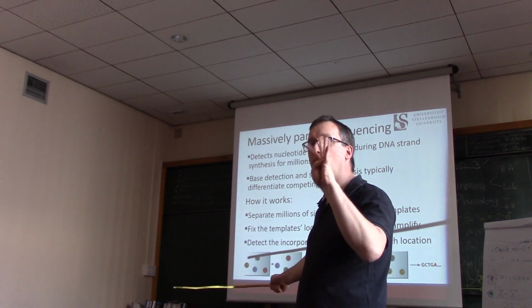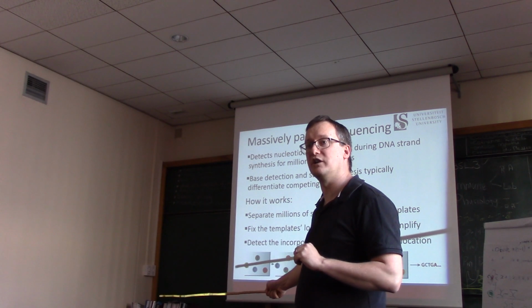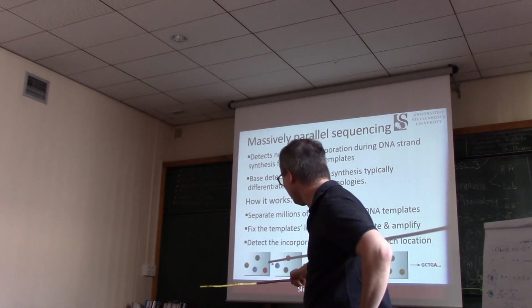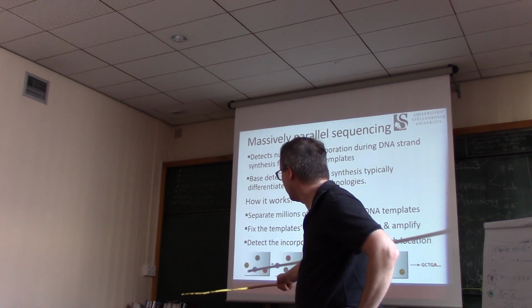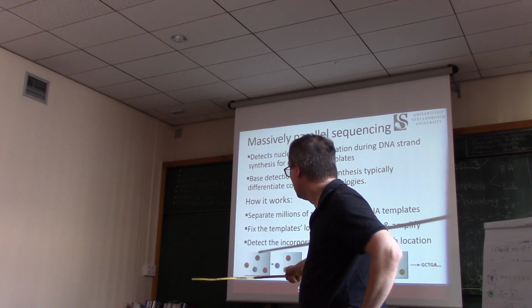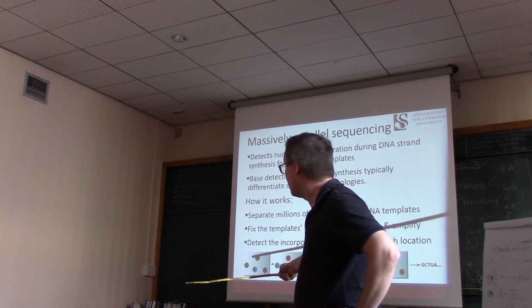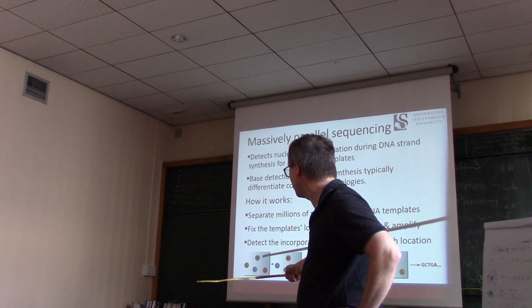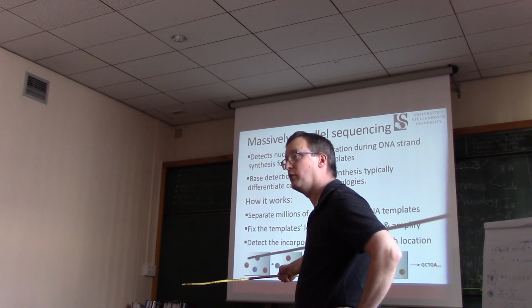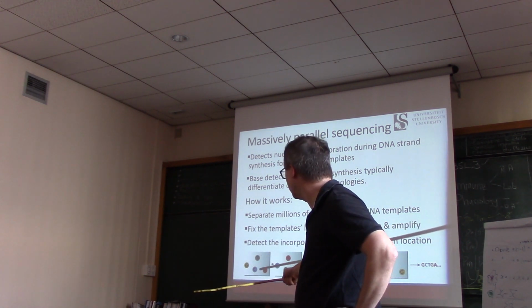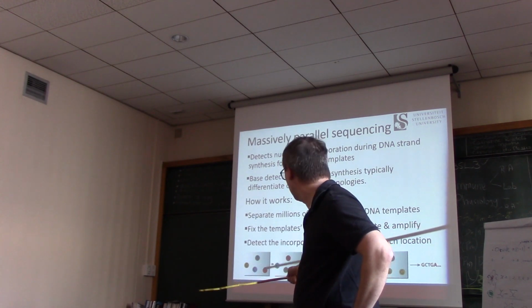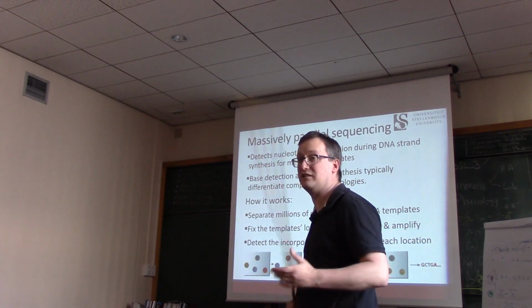Here we just have 4 different sequences that are going to be sequenced simultaneously. When we incorporate the very first nucleotide, we see that a T is incorporated in the sequence at this top position, a G is incorporated at the left position, a C is incorporated at the bottom center, and an A is incorporated at the bottom right.